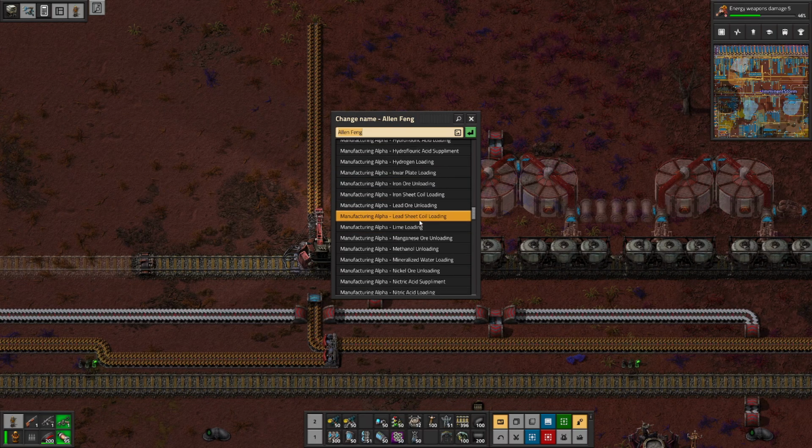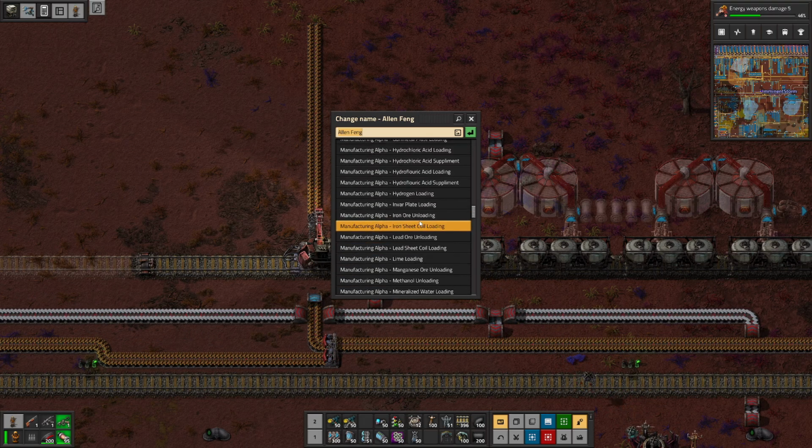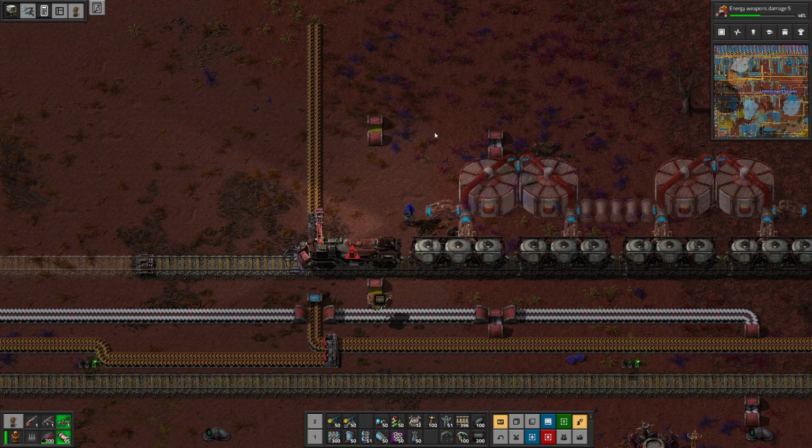We're going to have to do this twice. Resin. Unloading.